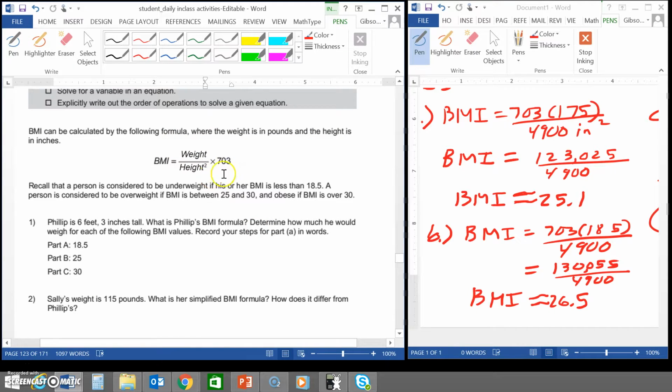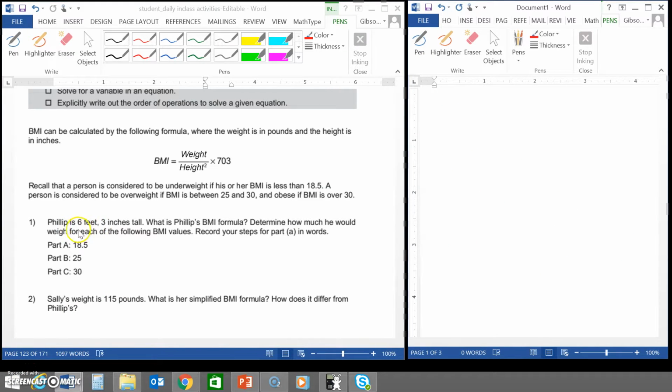So we already know this part as far as the formula. Now it says, recall that a person is considered to be underweight if his or her BMI is less than 18.5, overweight if BMI is between 25 and 30, and obese if BMI is over 30.